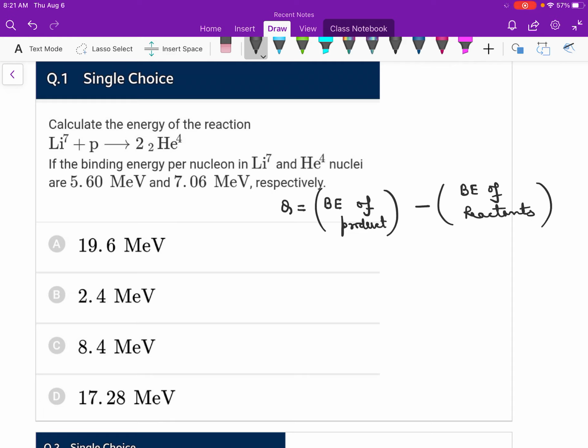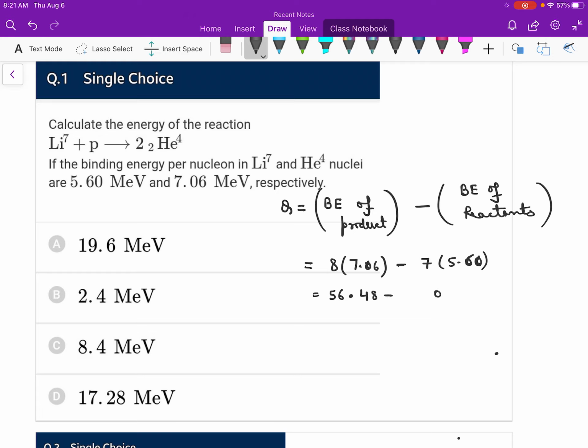So helium has 8 nucleons, so 8 into 7.06, minus lithium has 7 nucleons, 7 into 5.60. Okay, so 8 6s are 48, 8 7s are 56, 56.48.